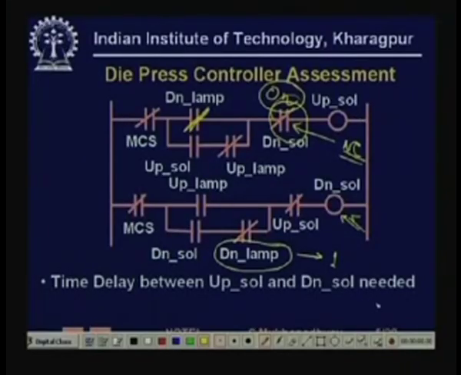So it may be very common that a time delay between the down solenoid and the up solenoid is needed. That is, after the down lamp is on and before the up solenoid again becomes energized, we want a delay. Such delays are very often needed in industrial operations, and today we will see how to create these delays.